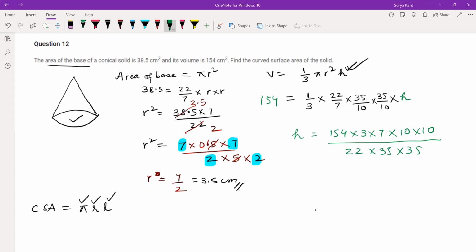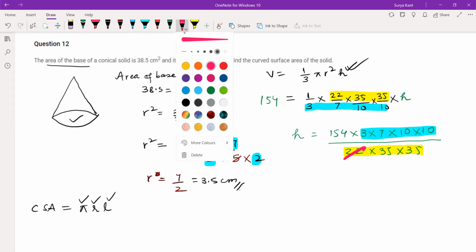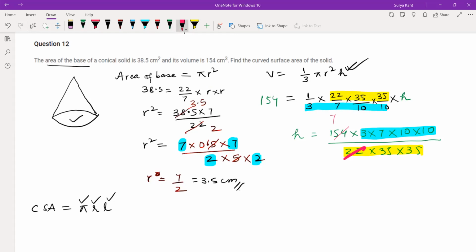Is it clear to everyone? What is down here we send up, and what is up here we send down. Okay, now we start cancelling. 22 sevens are 154, 7 5s are 35, again 7 5s are 35, 5 2s are 10, again 5 2s are 10. So we get height is equal to 12 centimeter.